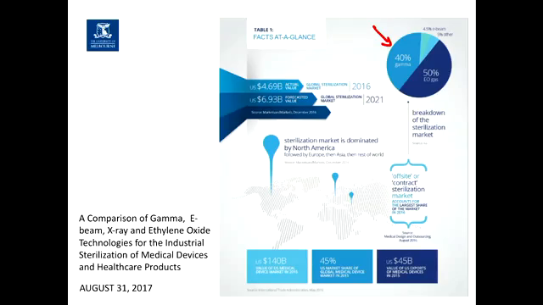While I said ethylene oxide can be toxic and has high capital costs to set it up, it actually takes up 50% of the sterilisation market. Your gamma radiation is around 40%, and then your E-beam and other make up 5%. So for medical devices, 90% of the sterilisation techniques are made up by ethylene oxide and gamma radiation.